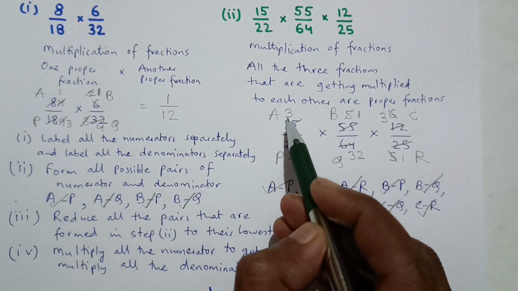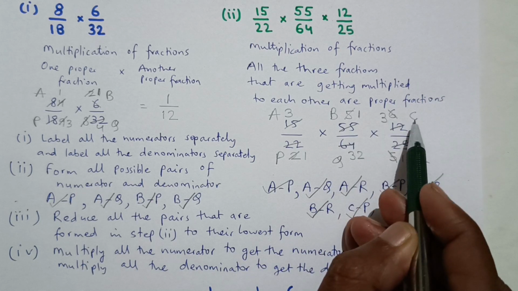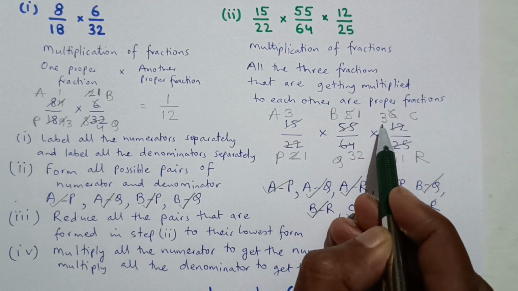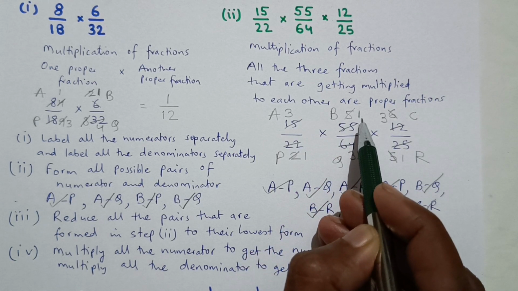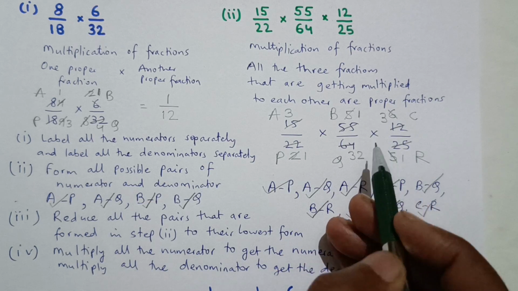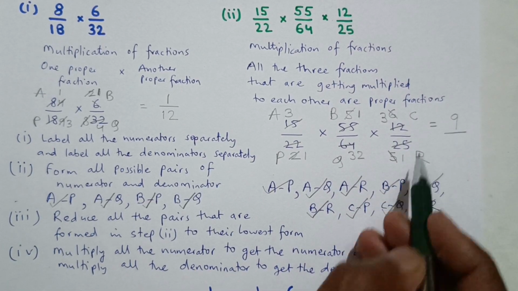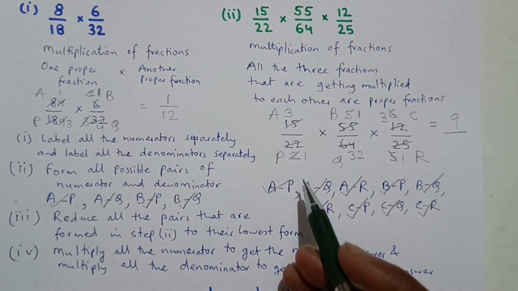So numerator A is 3, numerator B is 1, numerator C is 3. So 3 into 1 into 3. So 3 into 1 is 3, 3 into 3 is 9. So the numerator answer is 9. Upon multiply all the denominators to get the denominator answer.